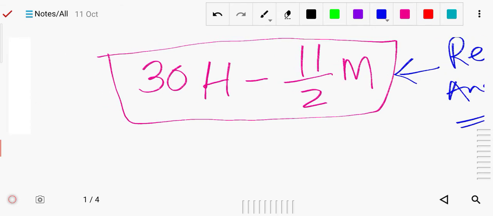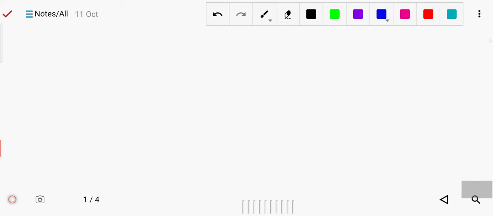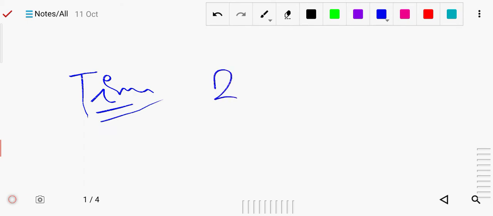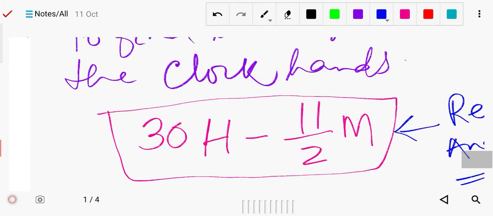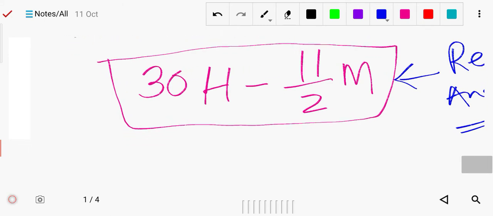Just see, in the earlier question the time given was 2:30. So 2 is the hour and 30 is the minute. What is our formula? 30h minus 11 by 2m.